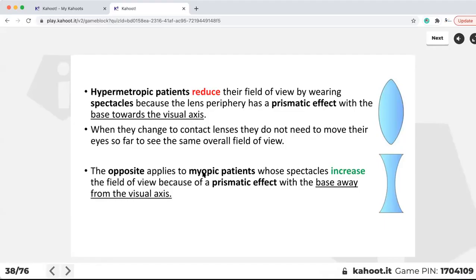But the opposite occurs with the myopic lenses, as they will cause shifting of the image toward the periphery, causing enlargement of the visual field. And this will cause that when we are shifting to contact lens, the field of vision will become smaller.